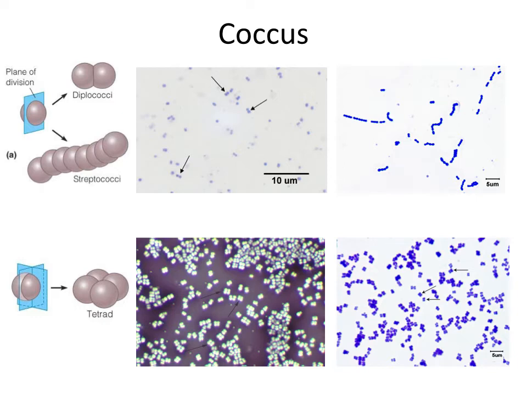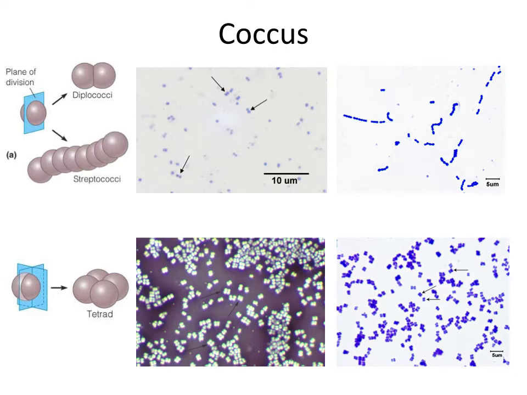When a cell has a division in one plane, this produces either a Diplococcus or Streptococcus arrangement. In the top two images, you can see on the left a Diplococcus arrangement in which cocci are arranged in pairs, and on the top right a Streptococcus arrangement in which the cocci are arranged in chains.